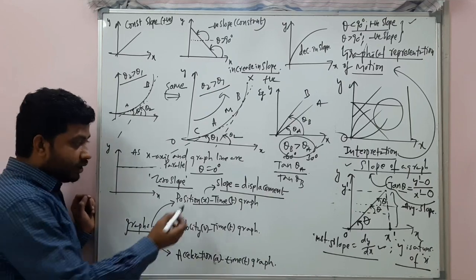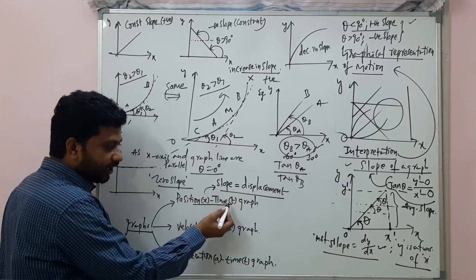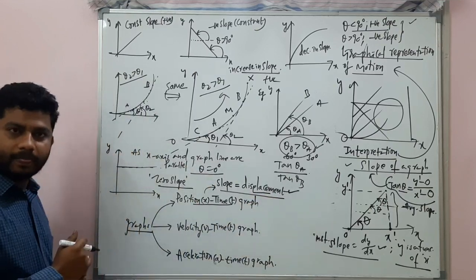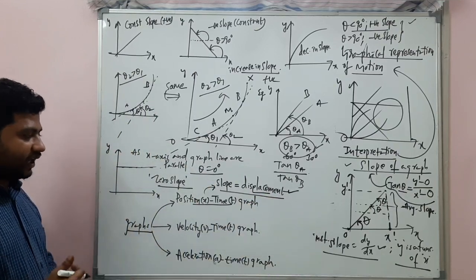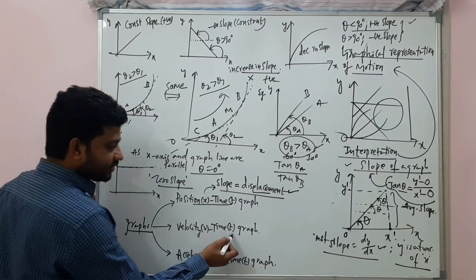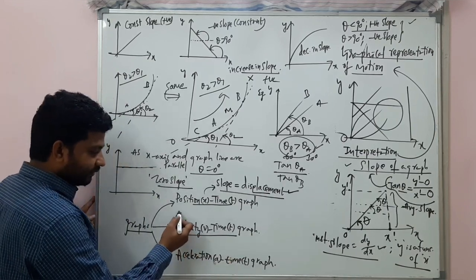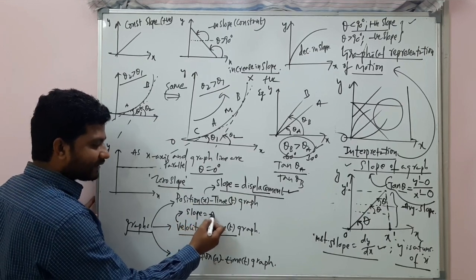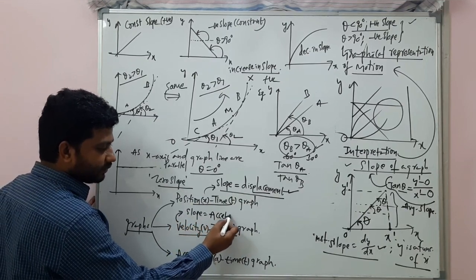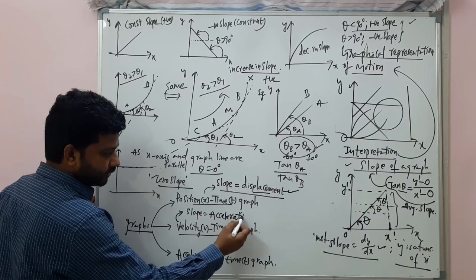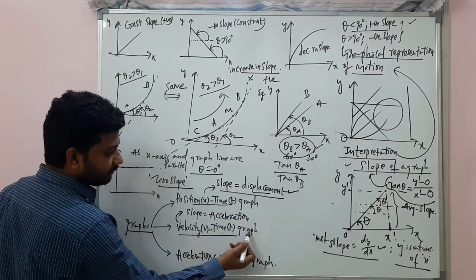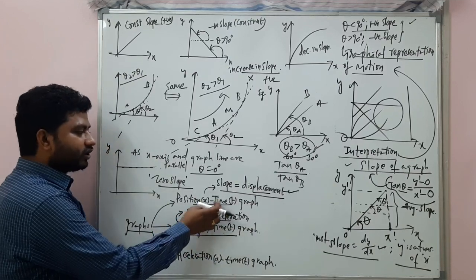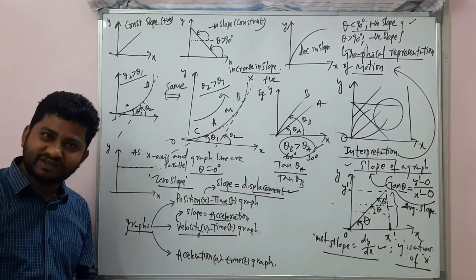The slope of position time graph gives you what? Displacement. In velocity time graph also, let us discuss the similar way. In velocity time graph, the slope will give you acceleration. Remember, listen. The slope of velocity time graph gives you acceleration. The slope of position time graph gives you displacement.